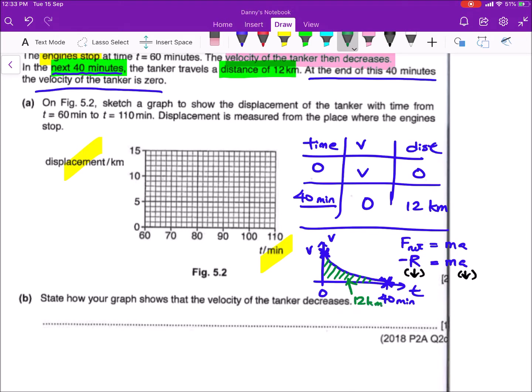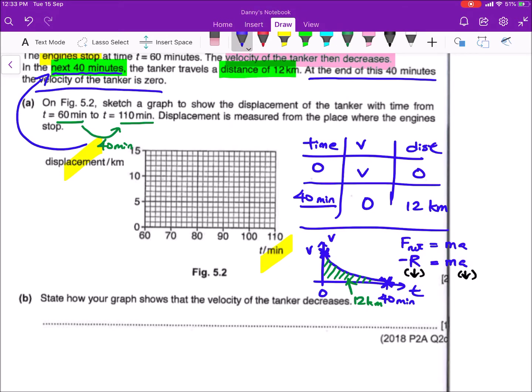Okay, now let's go back to part A. In part A, it says I need to sketch a displacement time graph from t equals 60 to t equals 110. Why 110? Because 110 is this 40-minute duration that the earlier part talks about.